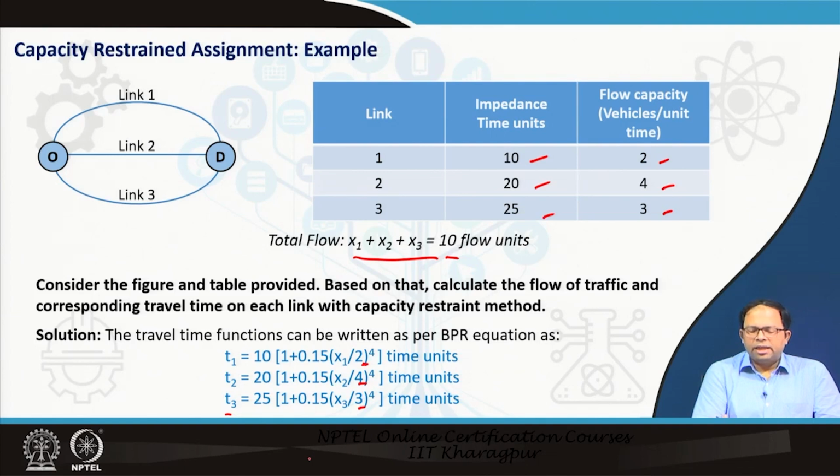Initially 10 minutes is the least one, so we will assign all traffic to link number 1. Once that is done, we update the travel time, and we may find that this travel time has become 20, or 24. In that case we can assign traffic to the other link. So in this way it will keep on going.